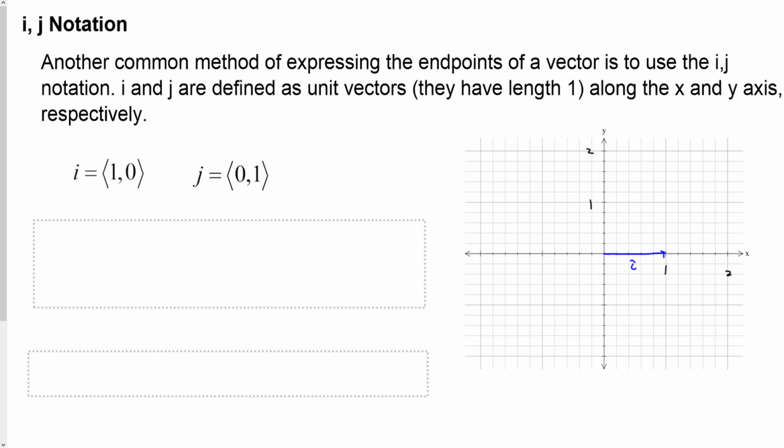And sometimes you'll see instructors write I like this. Sometimes they stick with the notation with the arrow on top. It's really kind of up to the instructor how they tend to prefer it. These are my representations of I and j, so just so you know how I'm writing it.